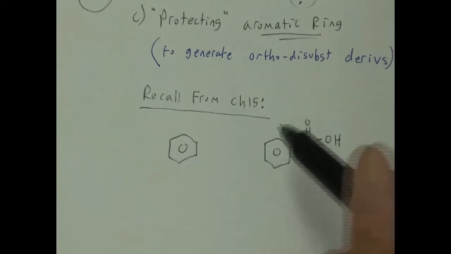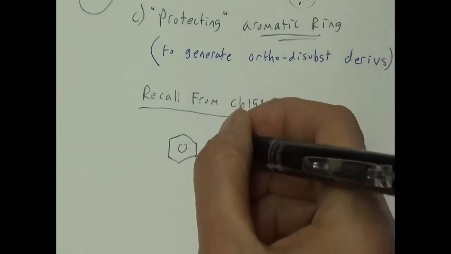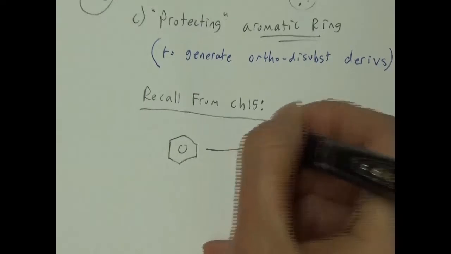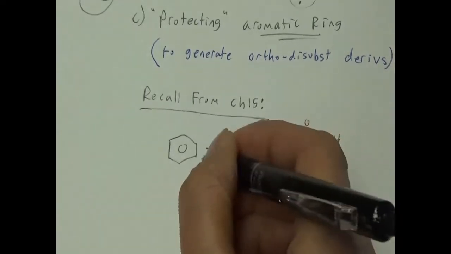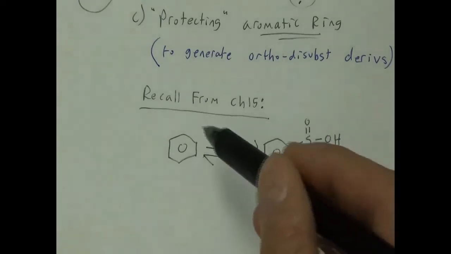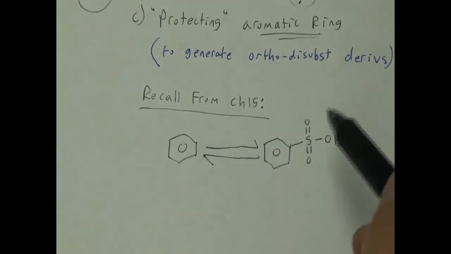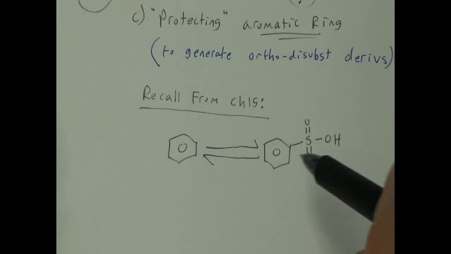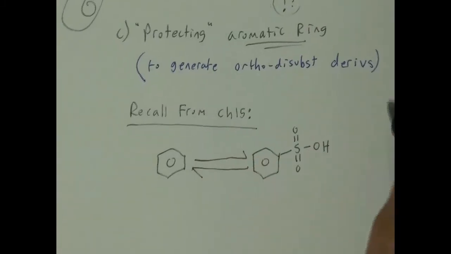It's one of the chapter 15 reactions. What you might not remember is that it is actually reversible. When we initially told you about it, I explained you can put it on and you can also take it off. Because of that, this can serve as a protecting group strategy.